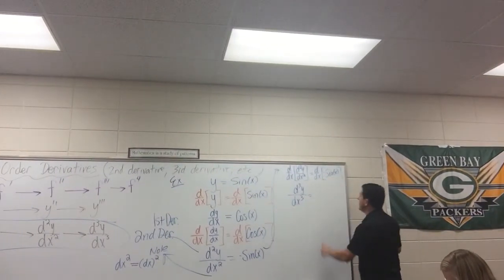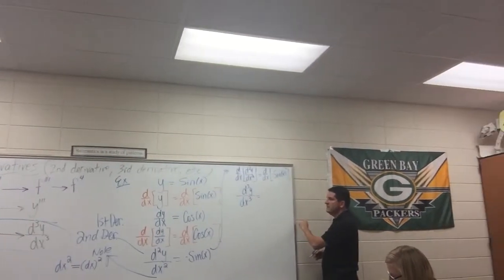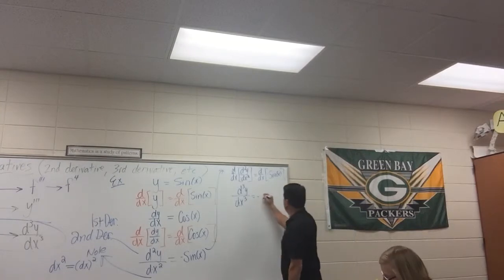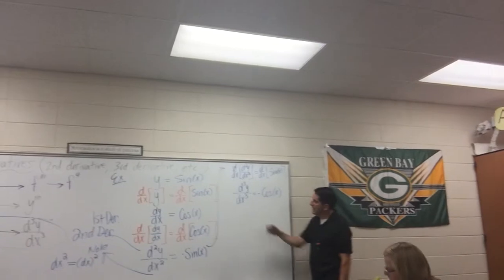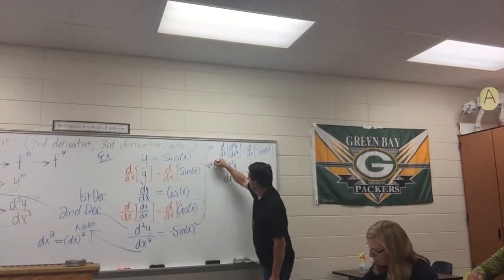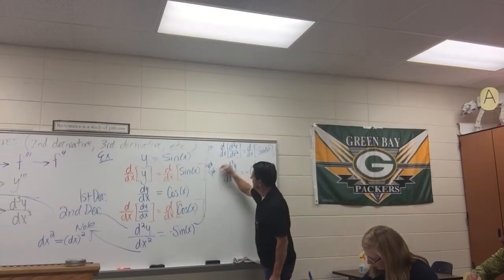What's the derivative of the negative sine? Negative cosine. And what we have done here is that's the third derivative.